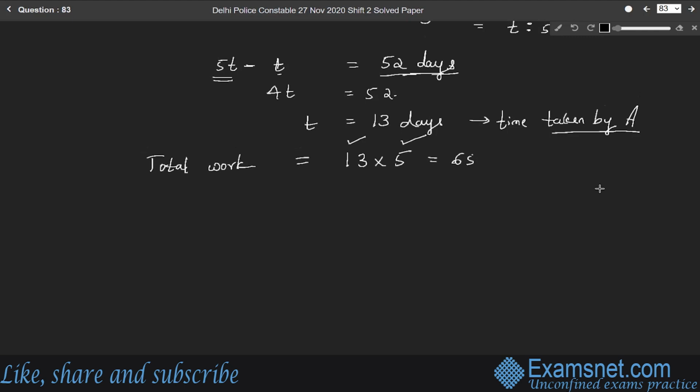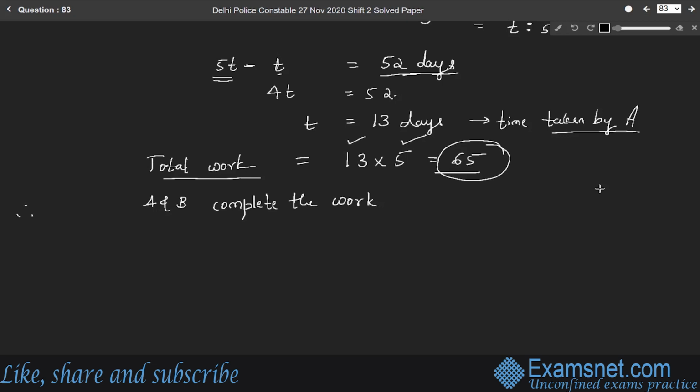Therefore, it is 65. Total work is 65. If the same work, 65 amount of work, is done by both A and B, then A and B complete the same work, that is 65, in how many days?